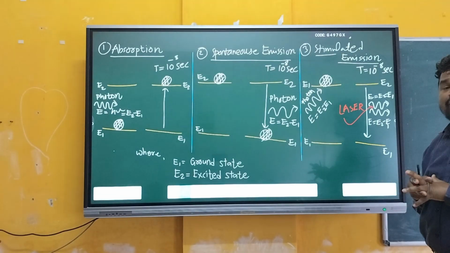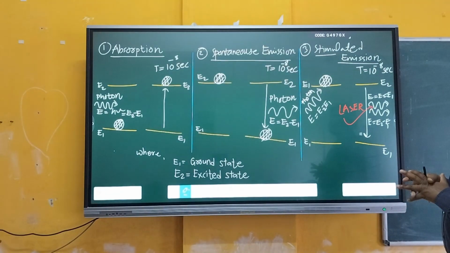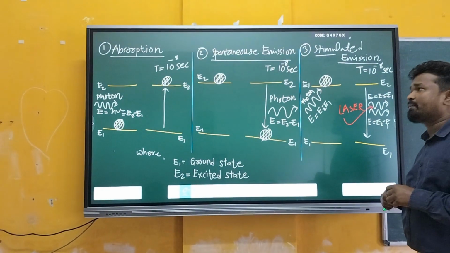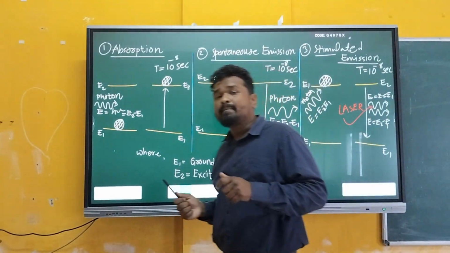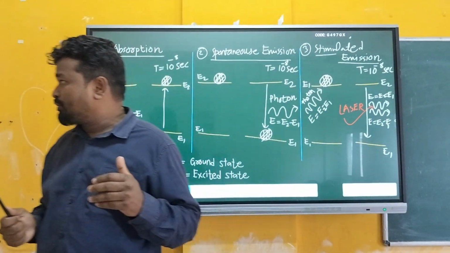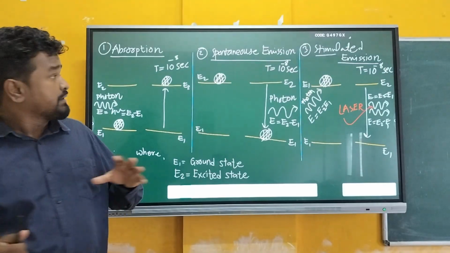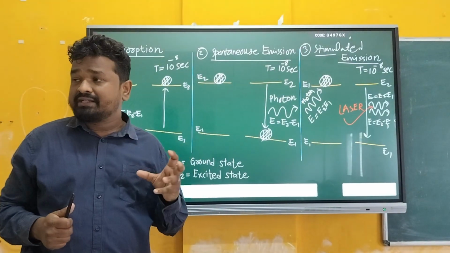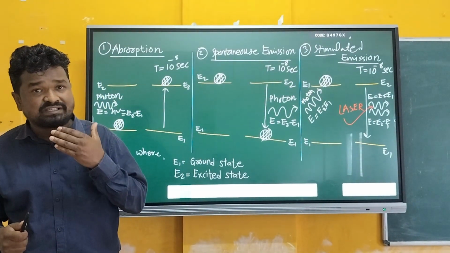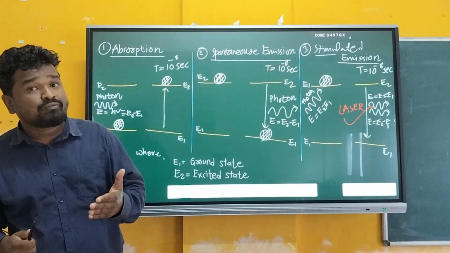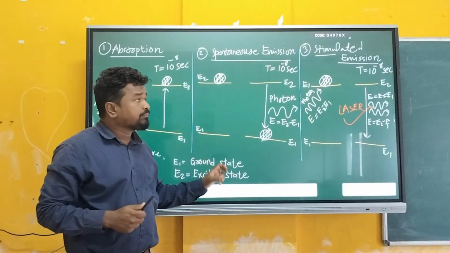I hope you got all these three things by which we can change the energy of an atomic system. In absorption, the energy of an atomic system is increased. In spontaneous emission, energy is decreased with the emission of a photon naturally.